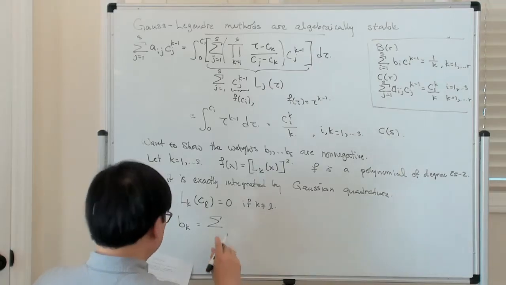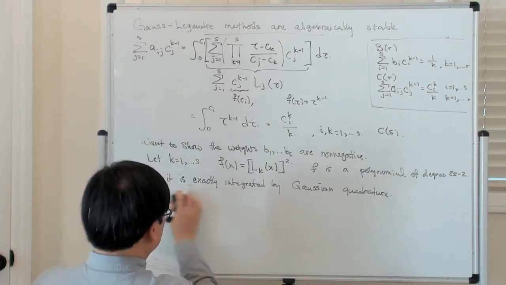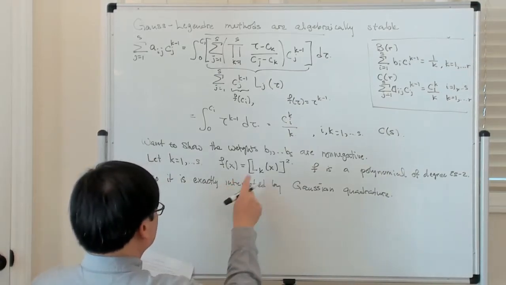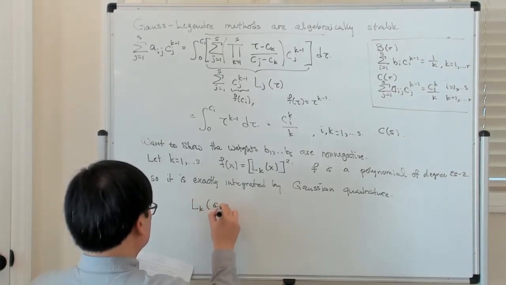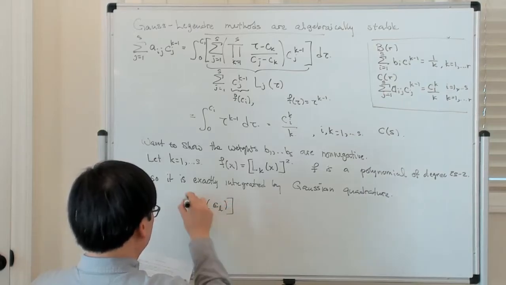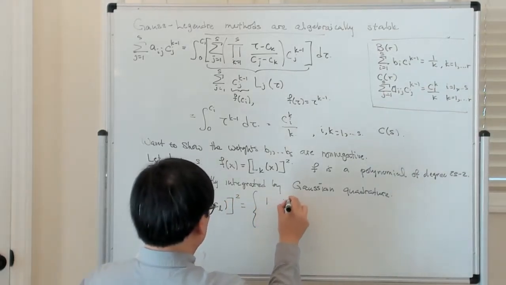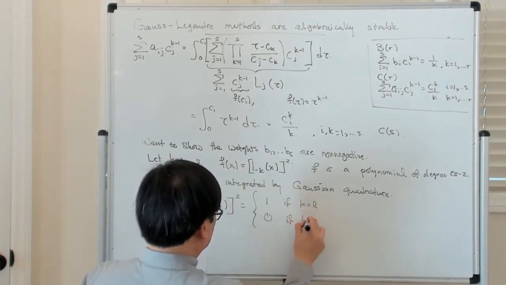So what I'm going to do is use the fact that this is a Kronecker delta function. So L_k(c_l), the whole thing squared, is also a Kronecker delta function. So it's 1 if k is equal to l, and 0 if k is not equal to l.